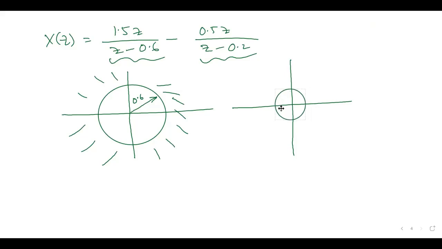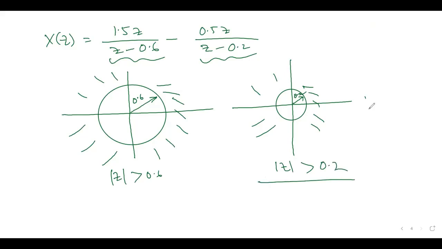That means here its region of convergence is given. This will be a right hand side signal if it is 0.6 here and 0.2 here, then it will be right. Now in the problem it is given mod z greater than 0.6.